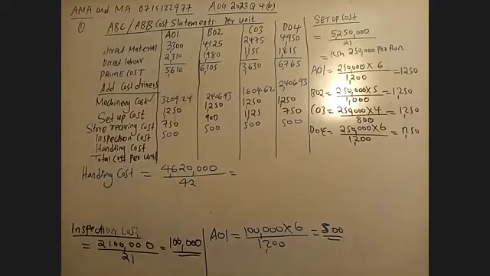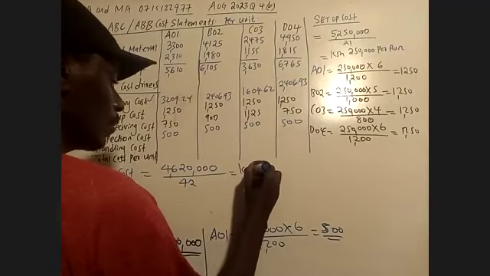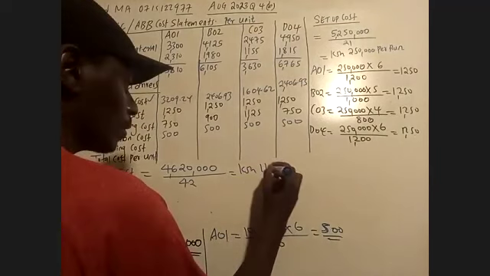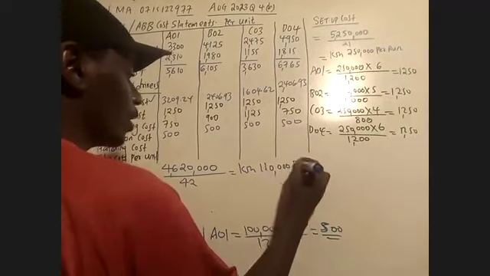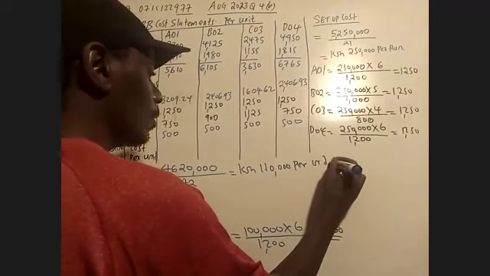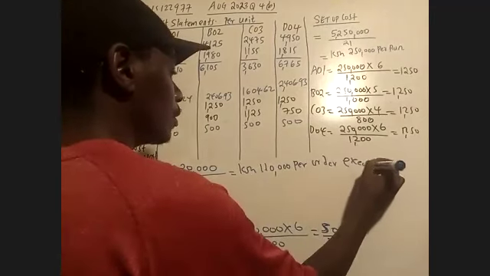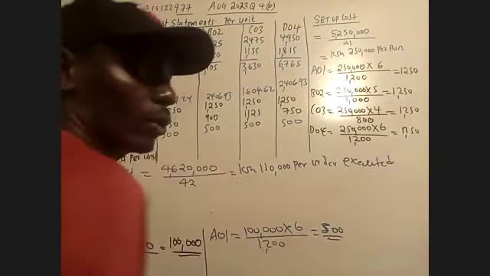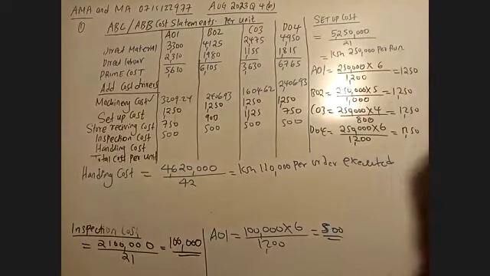So 4,620,000 divided by 42, which is Kenya shillings 110,000 per order executed. Now tumalizie for A01.